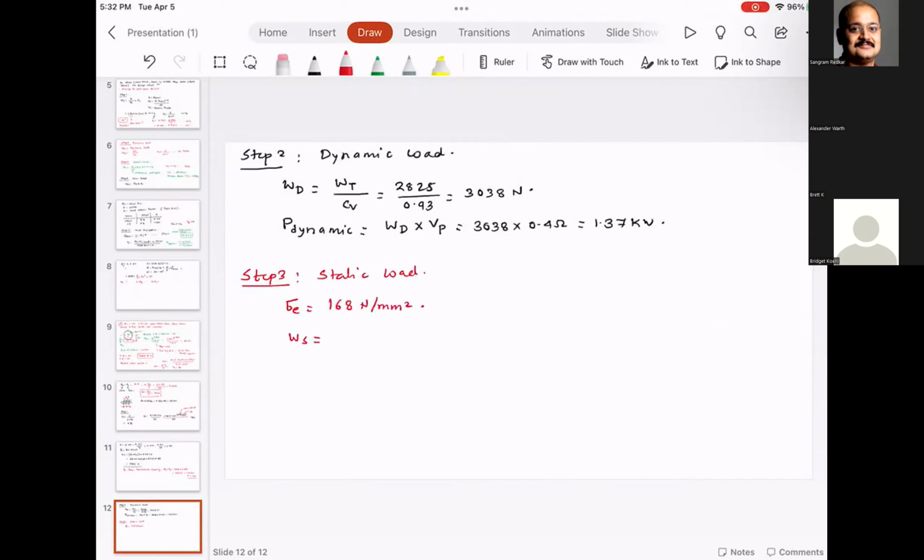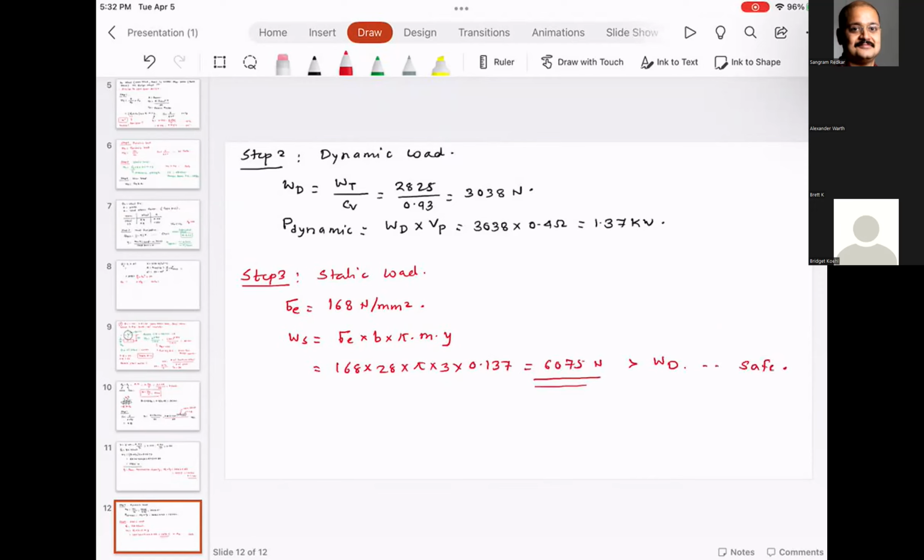Ws is equal to sigma E multiplied by B multiplied by pi times M times Y. So 168, 28 pi times 3 times 0.137 to get 6075. As you can see, this 6075 Newton is significantly greater than Wd, hence the design is safe.